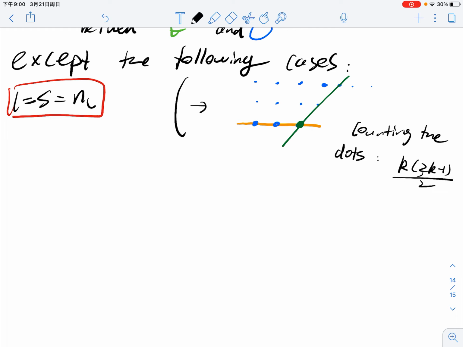And the other case is l equals nl equals s minus 1.